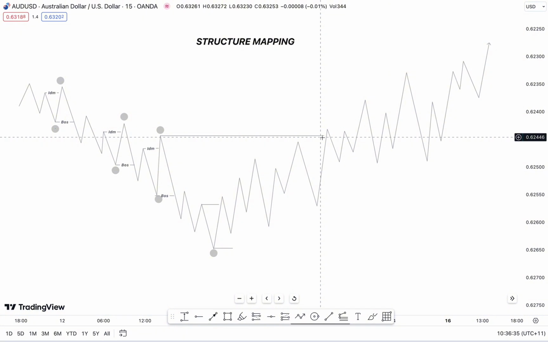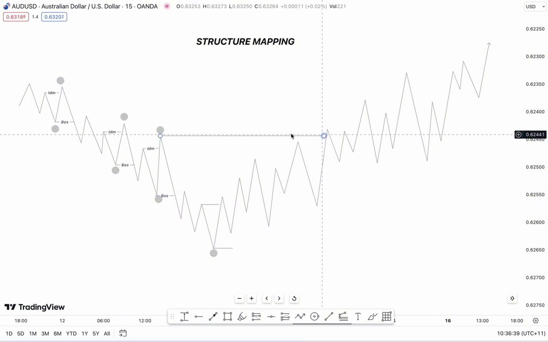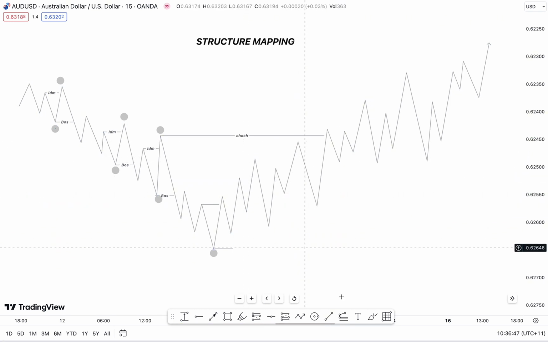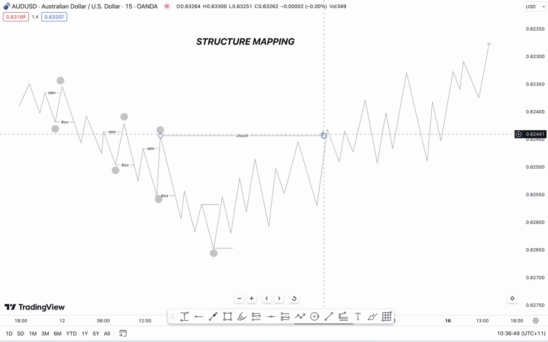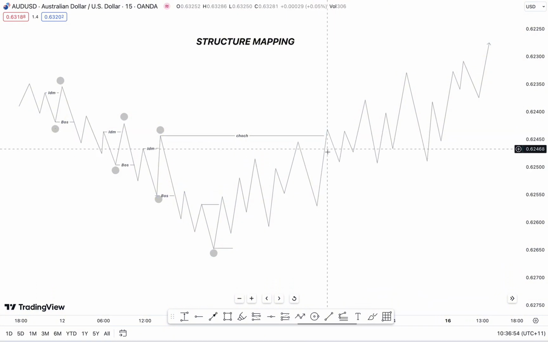Price went all the way up here to break this structure, right? So this will be identified as our what? Change of character, right?